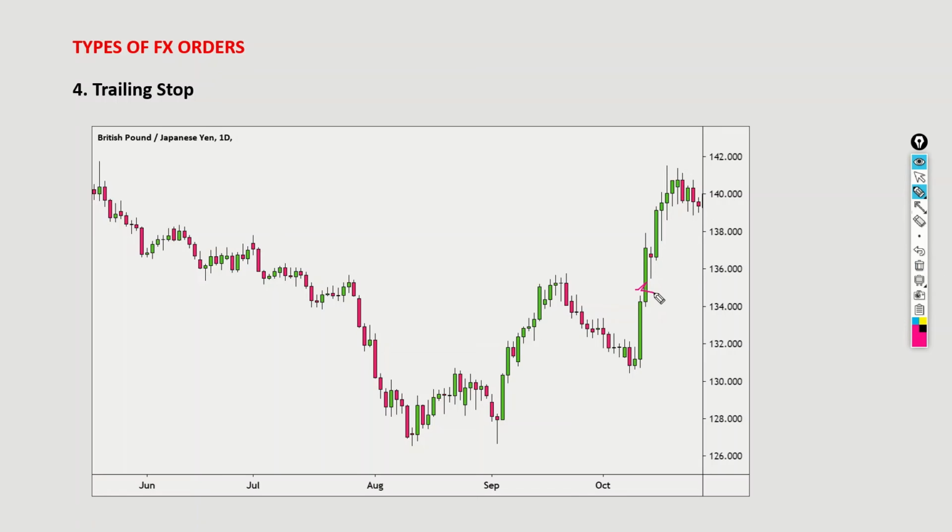So for example, if you sell here and then put your trailing stop loss here, 5 pips, and then the price drops to this level, then your stop loss will also become 5 pips away from the current market price. But if the price from here moves against you, it will go backward and hit your stop loss.